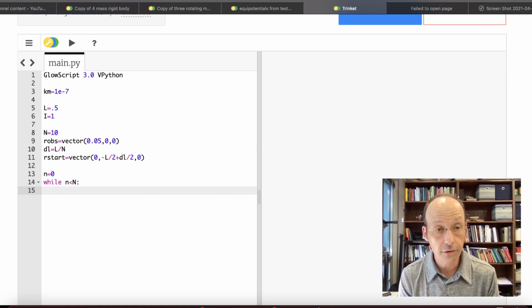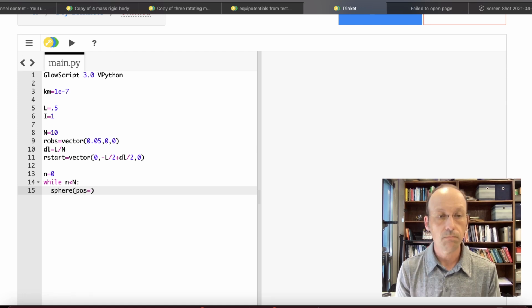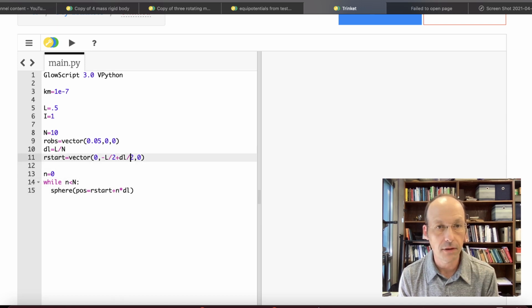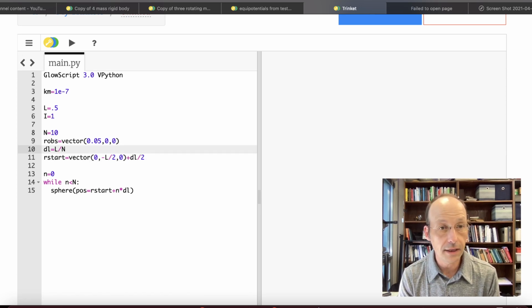Okay. So the first sphere, I'm just going to draw it. Sphere position equals R start plus n times dl, plus dl over 2, and let's say dl is the vector 0.